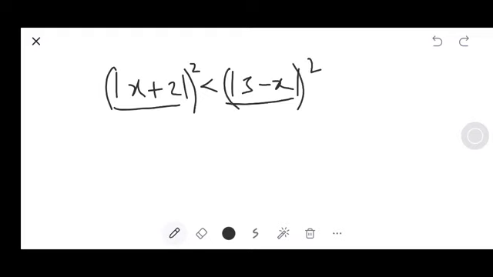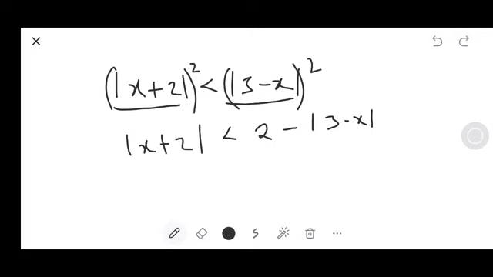Okay, but in a case where you now have an iota of doubt whether it is going to be positive or negative, for instance, if you now have absolute value of x plus 2 less than maybe 2 minus absolute value of 3 minus x, please do not square both sides, okay?